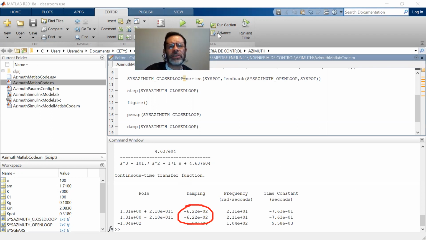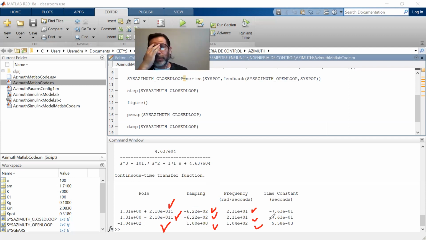Now, notice one thing here that nobody's asked about. We've got 3 poles here because it's a third order system, and we're being given 3 values of dampening and actually 3 values of frequency. So what's up with that? Because the examples I gave were examples of a purely second order system.